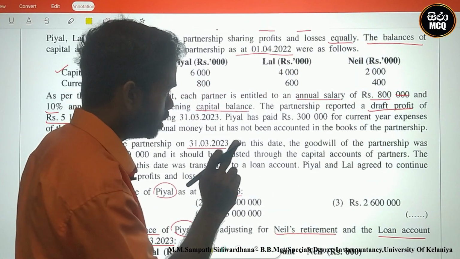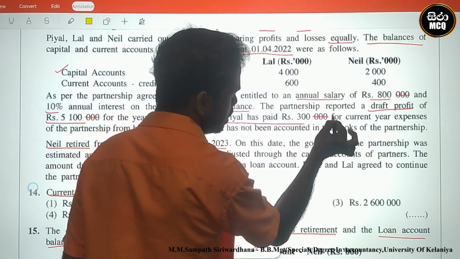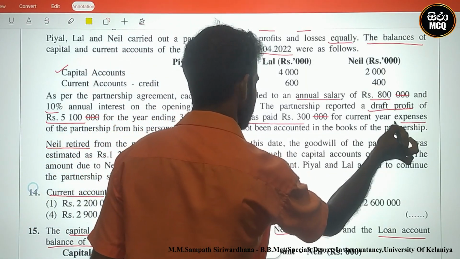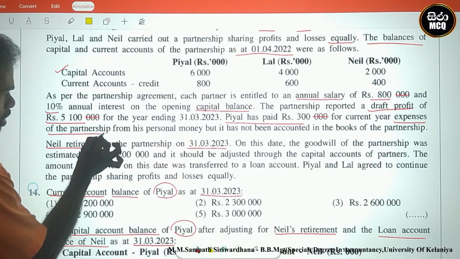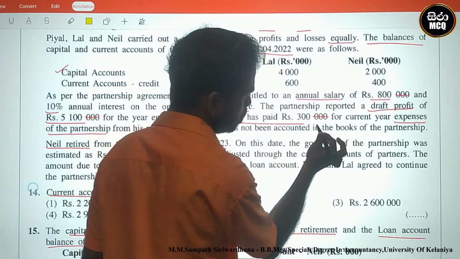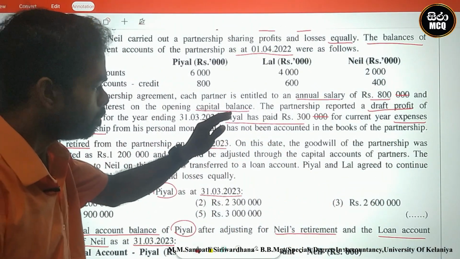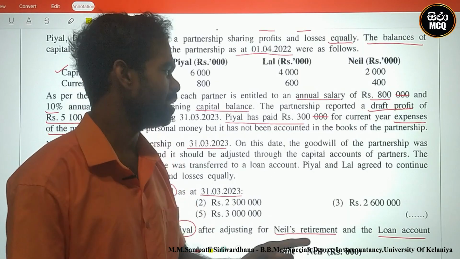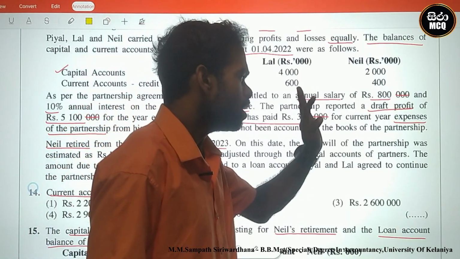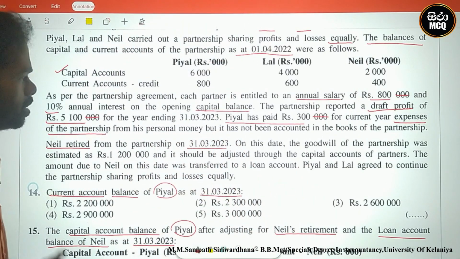Next one. Look here, this is the point. PL has paid 300 for current year expenses of the partnership from his personal money, but it has not been accounted in the books of the partnership.